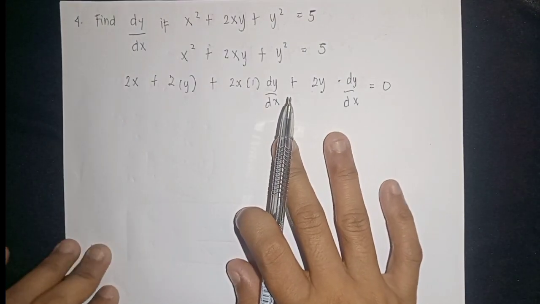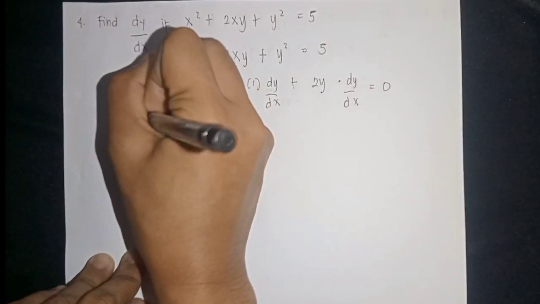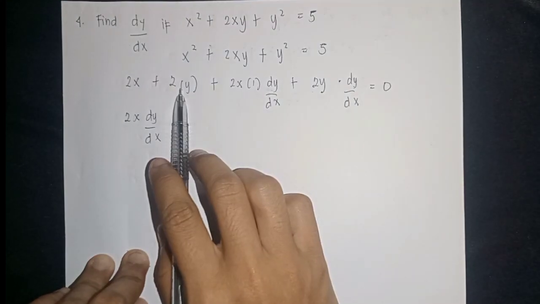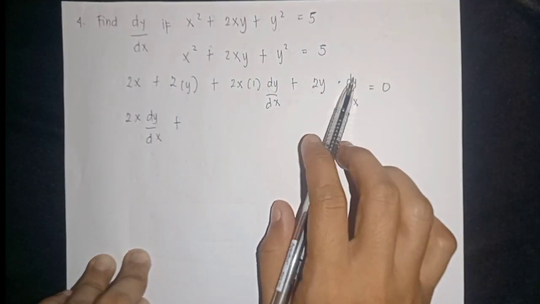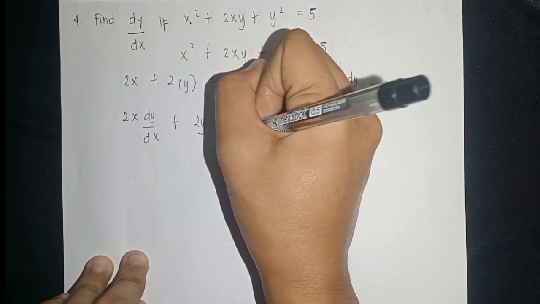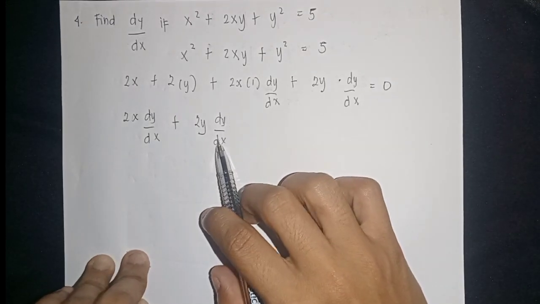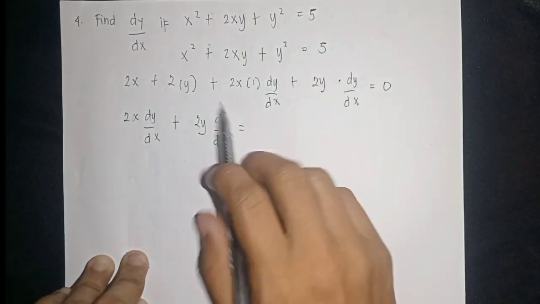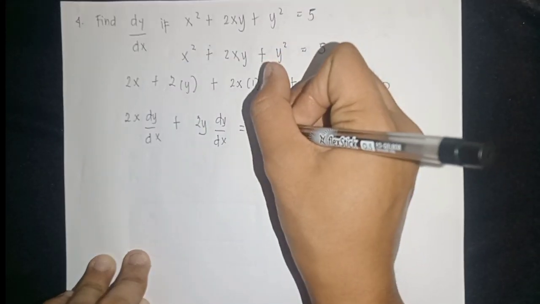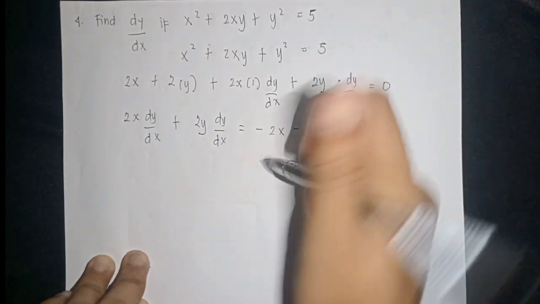So now let's bring down the 2x times the derivative of y over dx plus the 2y times the derivative of y over dx, and then equals negative 2x, because as we know, if the position is changed, especially when there is an equal sign, the sign will change and become negative, and also not only the 2x but also the 2y.